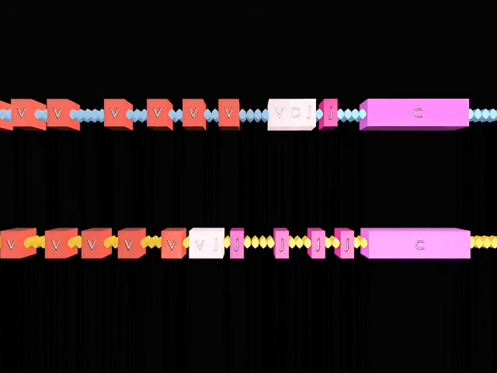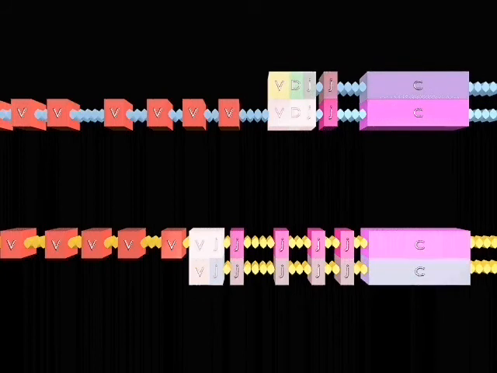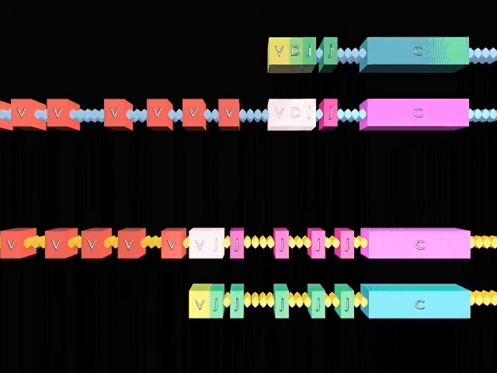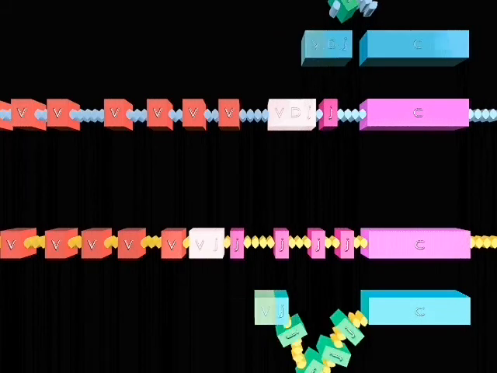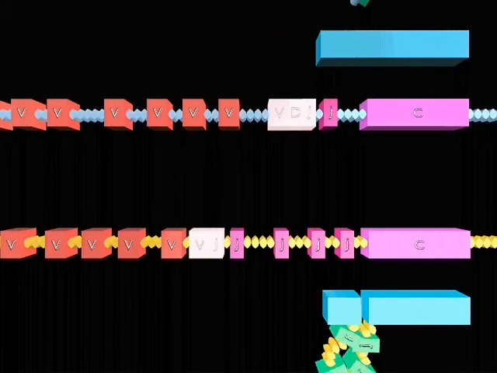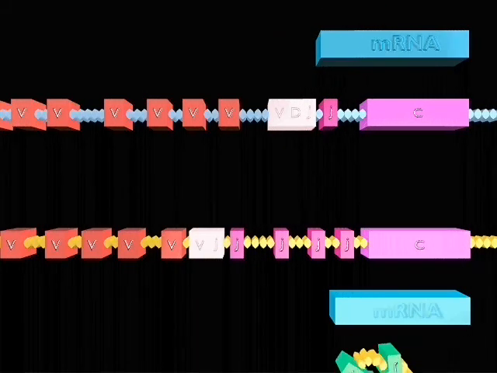The recombined genes together with the genes for the C domain and the intervening introns are transcribed into RNA. This RNA is then processed to make messenger RNA for the alpha and beta chains.